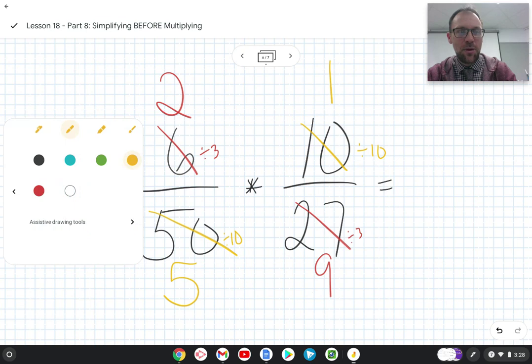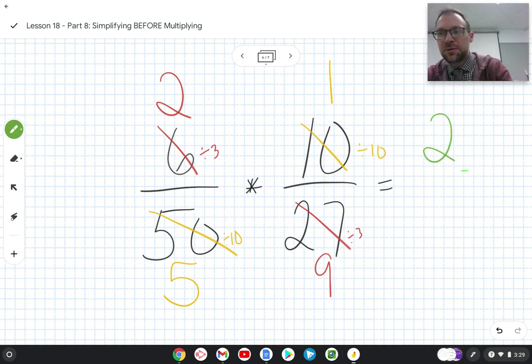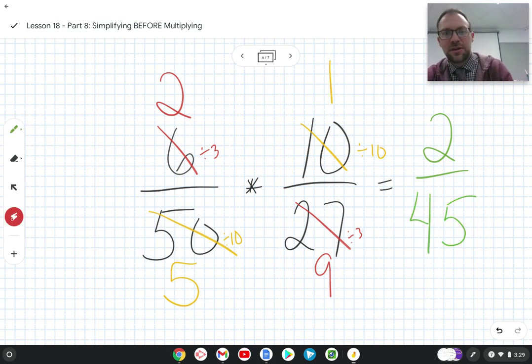Let's go ahead and multiply. We get 2 times 1, that's 2. And 5 times 9, that's 45. 2/45. That's the product. That's the answer in simplest form.